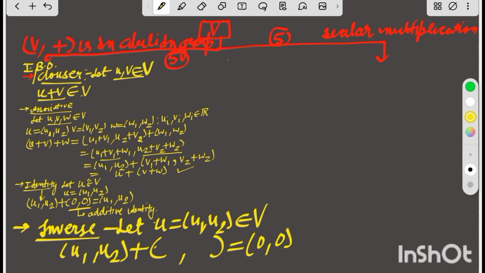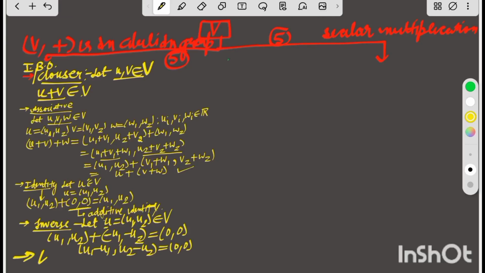So that element is (minus U1, minus U2). What is the sum of this? U1 minus U1, U2 minus U2, which is equal to (0, 0). Therefore, (minus U1, minus U2) is the inverse of any element U belonging to V. Therefore, every element has an inverse, so it satisfies the fourth property also.